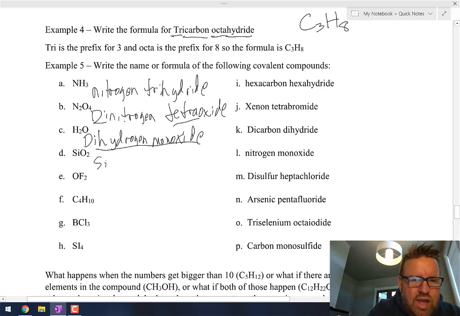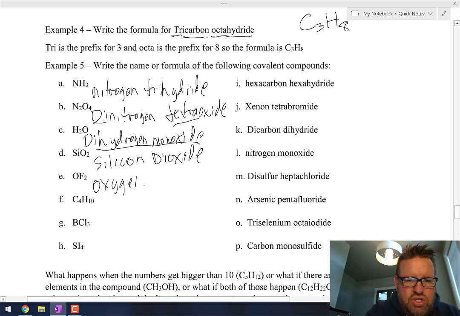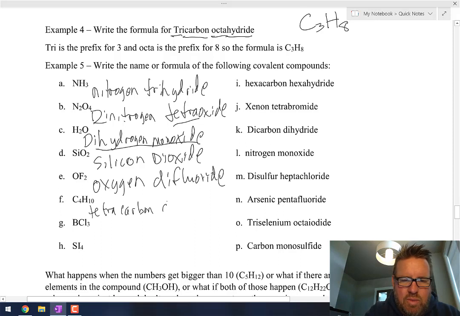Okay, letter D would be silicon dioxide. That's the chemical formula of sand. Okay, and then oxygen. Notice I'm never putting mono on that first element. Oxygen difluoride. C4H10 would be tetracarbon. And then remember 10, like the decathlon, is decahydride.